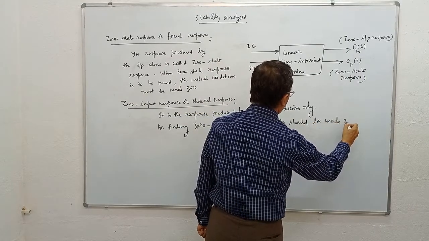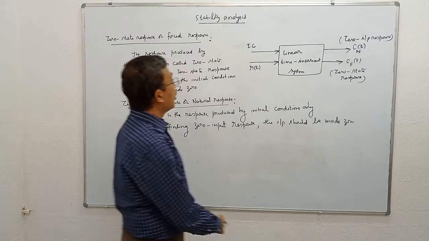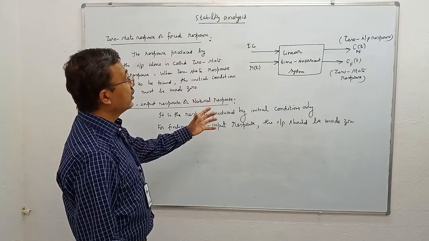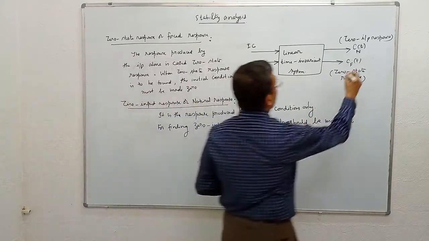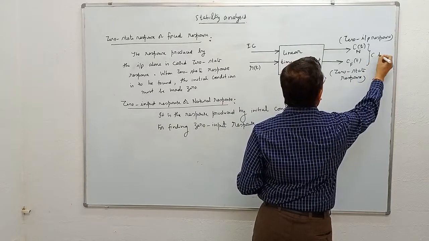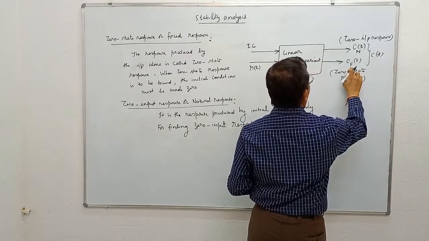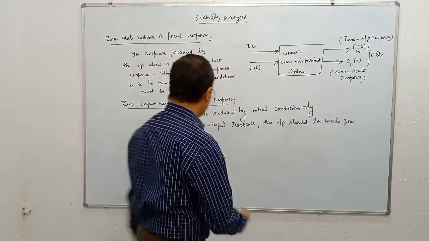The system under investigation is linear. Therefore, total response is the sum of forced response and natural response.